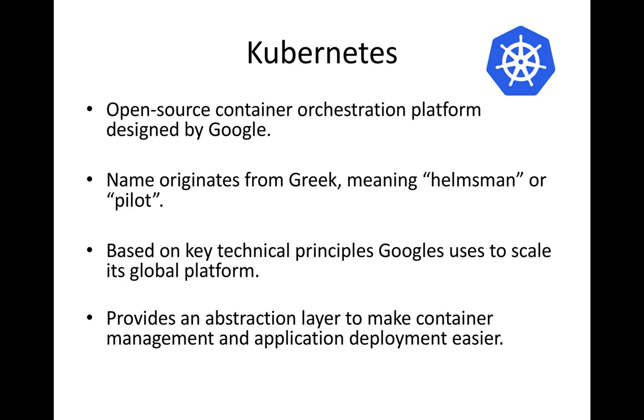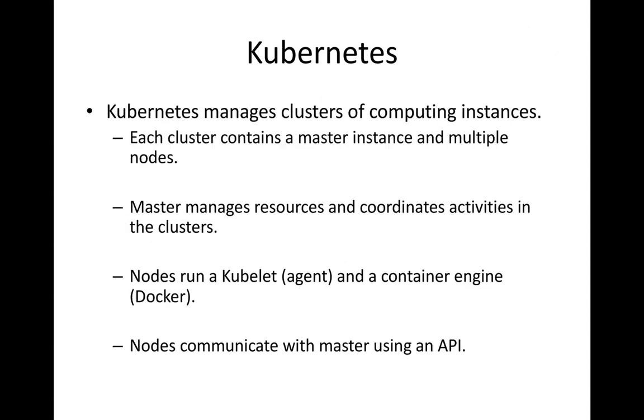And Kubernetes provides this abstraction layer that we can use to manage running containers and ultimately make our application deployments much easier. When you create a Kubernetes cluster, you take a number of servers, so EC2 instances, and you can deploy your containers across a set of instances.